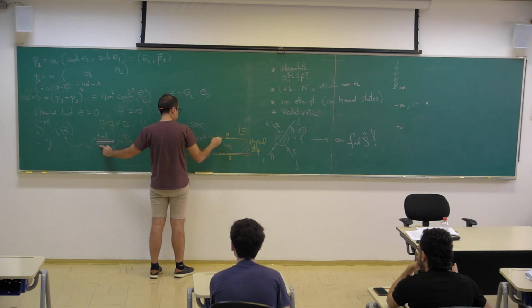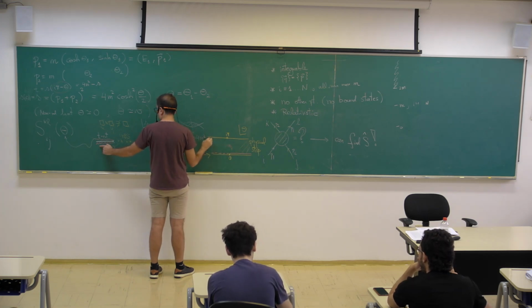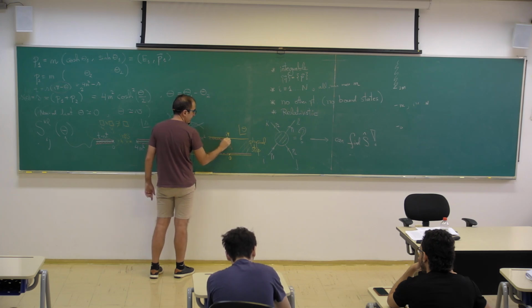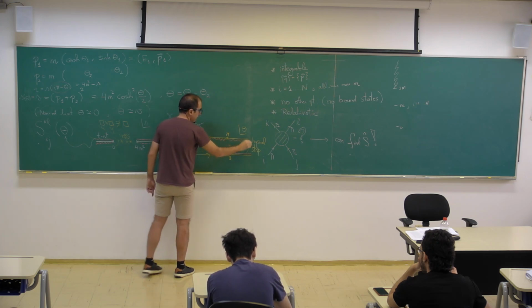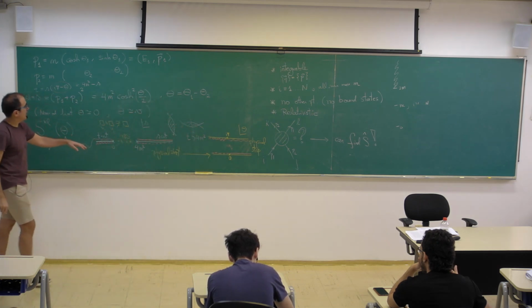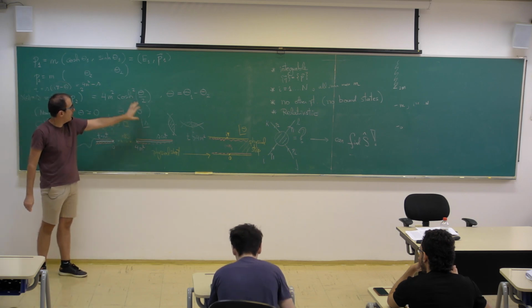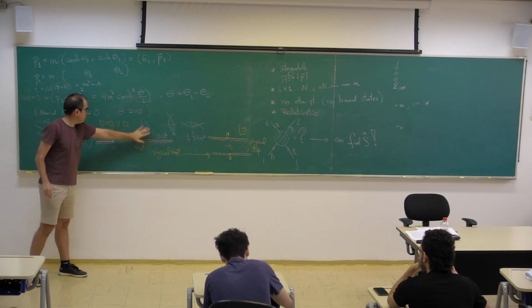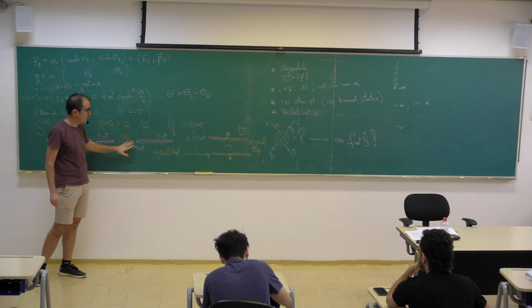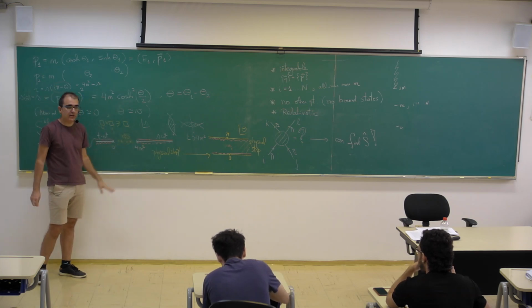So this solid line is mapped to this dashed line, and this would be the wiggly line. All this you can just check: if I map this theta inside that strip with this map, you cover the full complex plane minus these cuts in this way here.